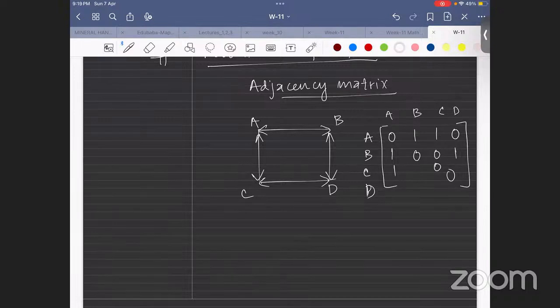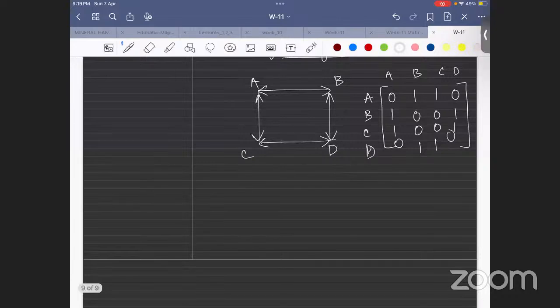C to A is 1, C to B is 0, C to C is 0, and C to D is 1. Similarly for D: D to A is 0, D to B is 1, you can reach it, correct? D to C is 1. So this is your adjacency matrix.